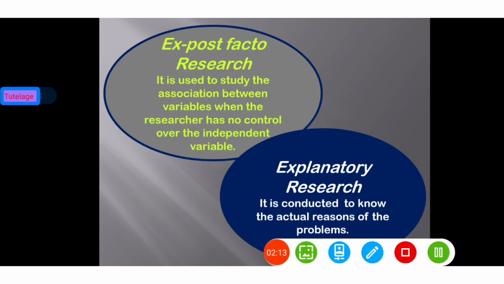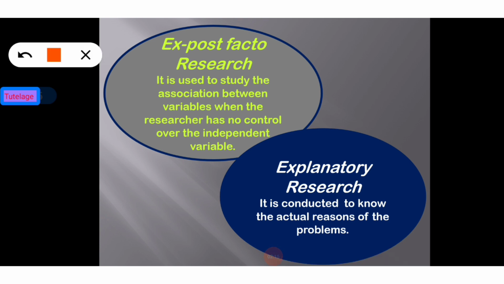Here we can see the first type of research method for this session, that is ex post facto research. At first we have to know what we mean by ex post facto research. Ex post facto research is basically a type of quasi-experimental research.